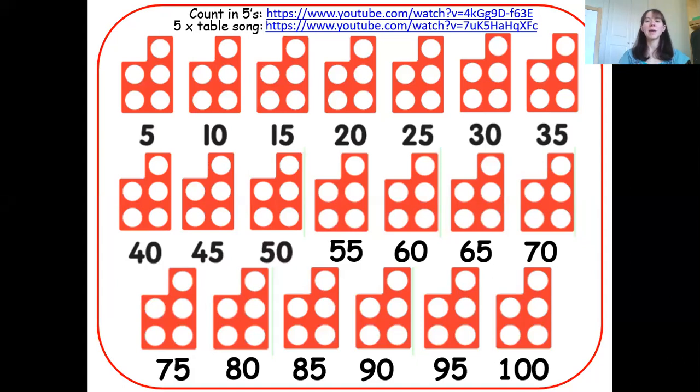So we are going to do some counting in fives, and I'm going to do it with you today, as long as I don't fall off my beanbag. And we're going to do our fives today. So we need one hand at a time, because we have our 1, 2, 3, 4, 5 fingers on our hands to help us. So we're going to count from 5 all the way up to 100, and then we're going to go all the way back down again.